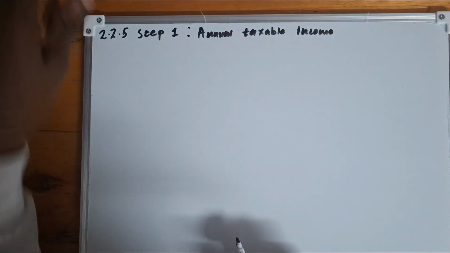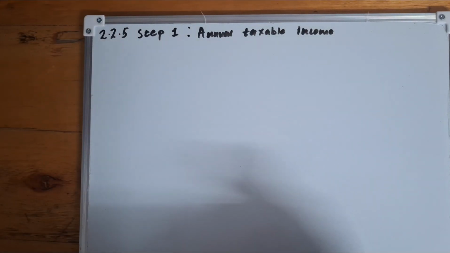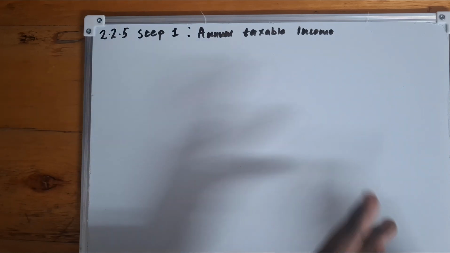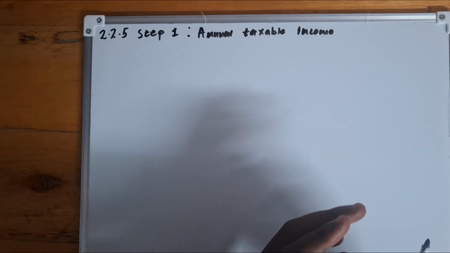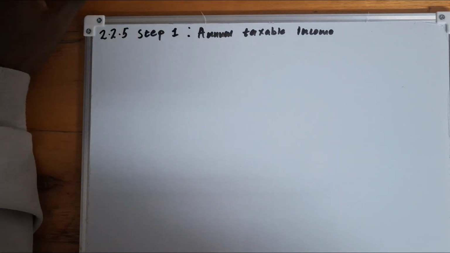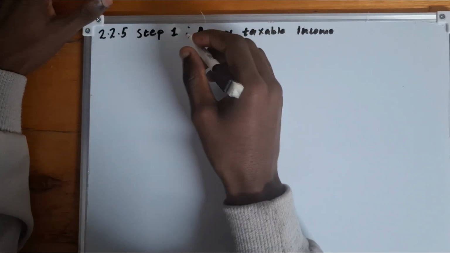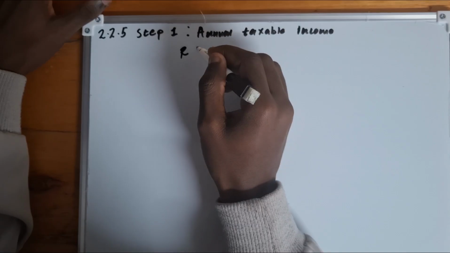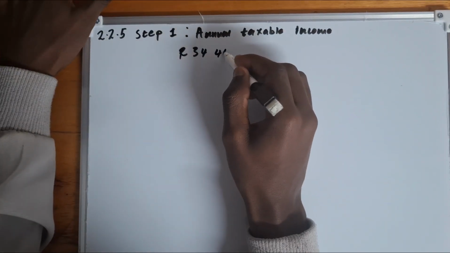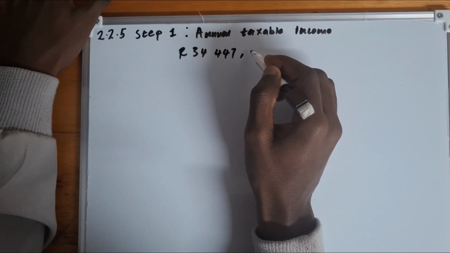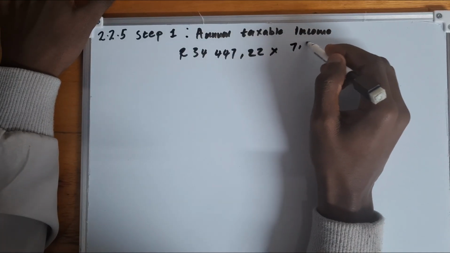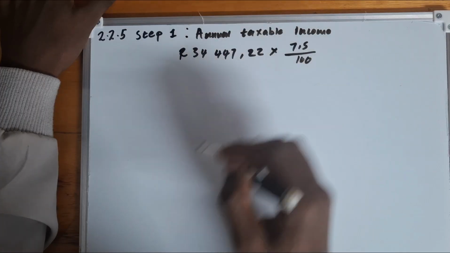So in this case, Chloe actually does not have donations, but she pays a pension fund. She contributes towards her pension fund. So we're just going to say her monthly salary of 34,447 and 22 cents multiplied by 7.5 over 100.